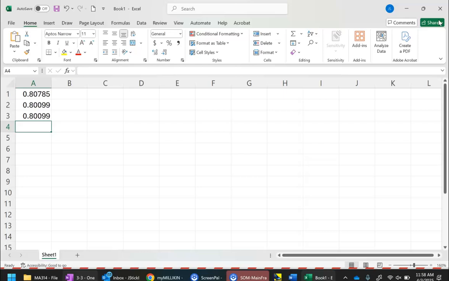Better be. Good question. What do you put for your lower bound? If you're going to use the normal CDF function on your calculator, it requires both a lower and an upper bound. If your lower bound is negative infinity, then you just got to put in a really, really large negative number. Put in like negative 1,000,000 or something, and you should get something that's close.